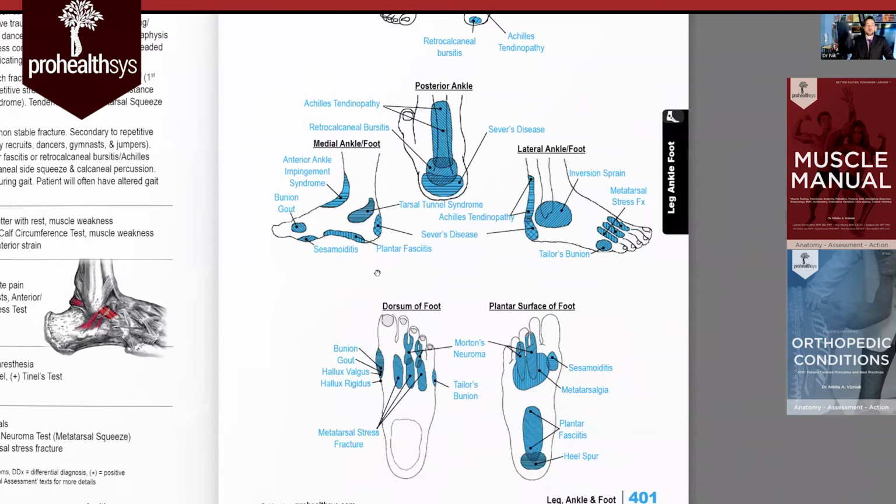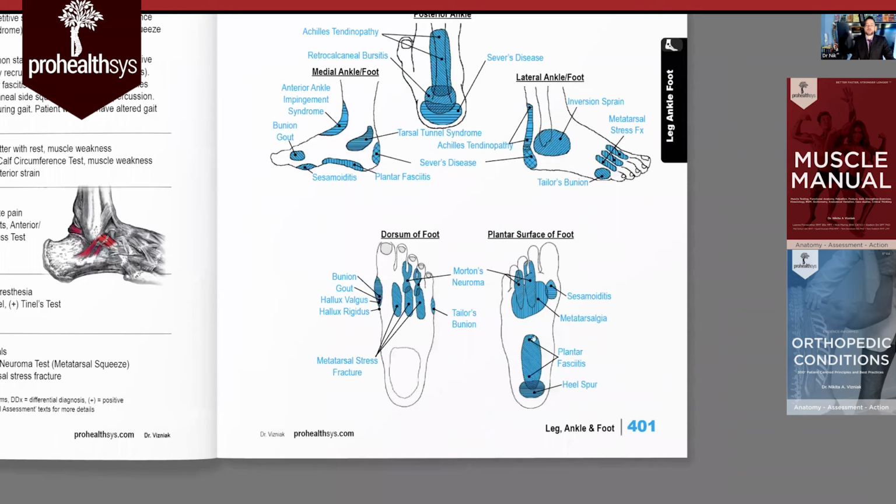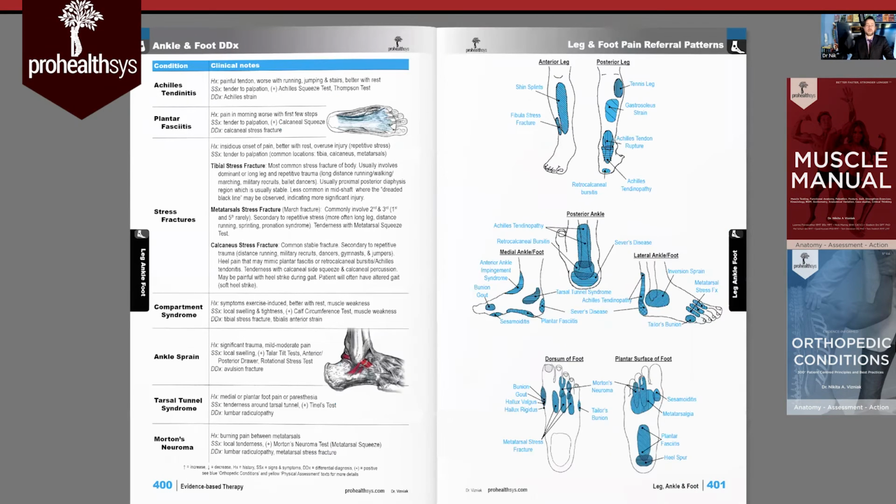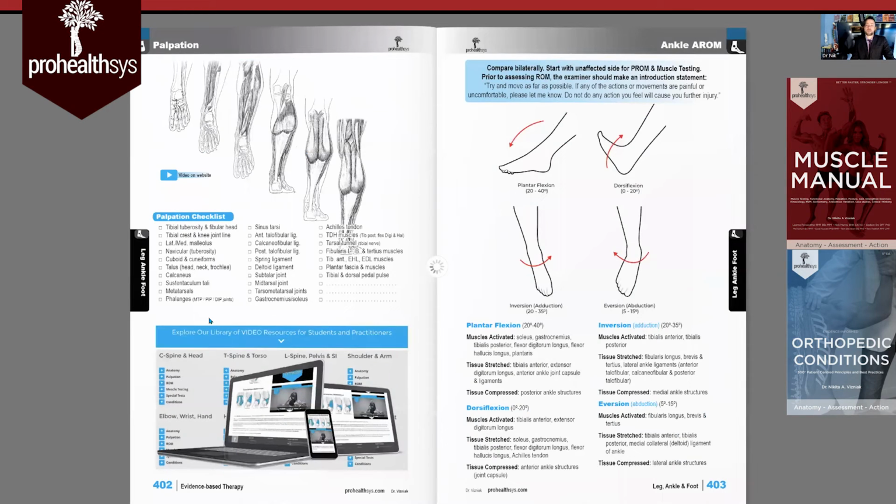And of course, gout around that big toe is going to be a big one. Metatarsalgia, the good old Morton's neuroma between the second, third, and fourth, usually. And then, of course, heel spurs, but I would call that an osteoarthritis degenerative change or enthesis degenerative change over the bottom of the foot. If we progress further, then we're going to get ourselves into our basic palpation again.